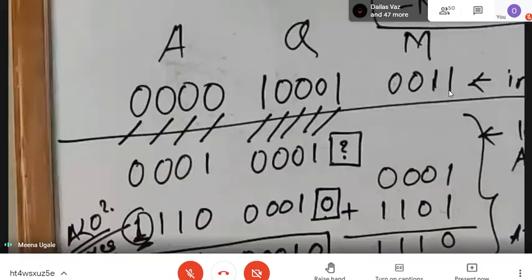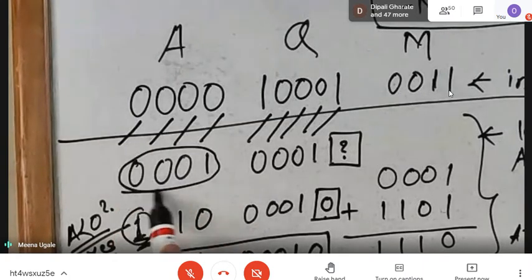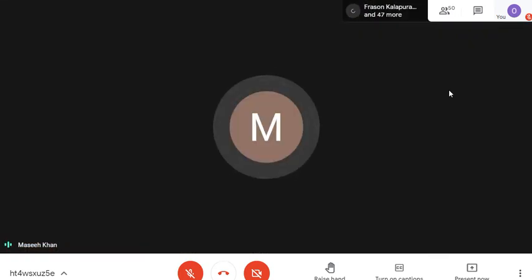It should give you the original number. If this was your original value of A before subtraction, it should go back to that value only. Ma'am, so we do not take that A minus M value in the first cycle.